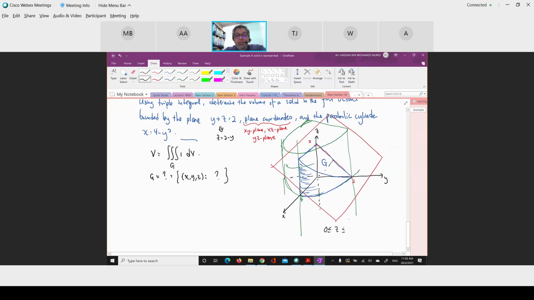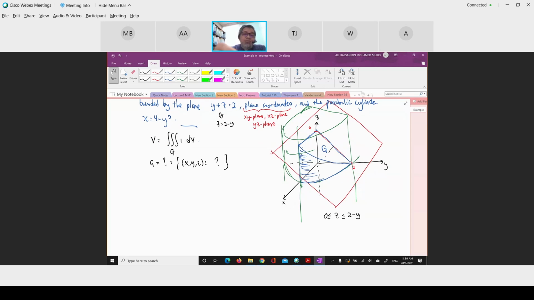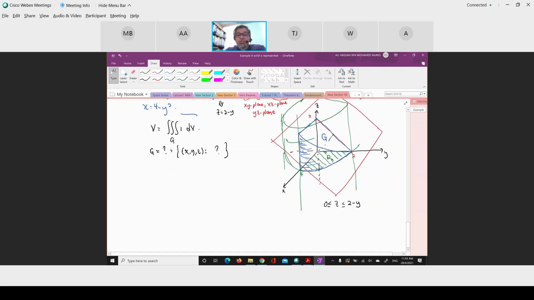As for x and y, they are in this region R in the first octant.